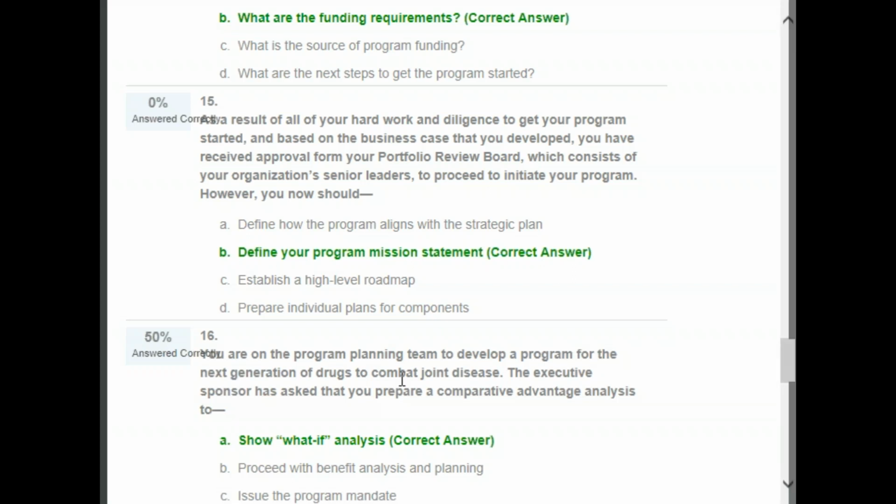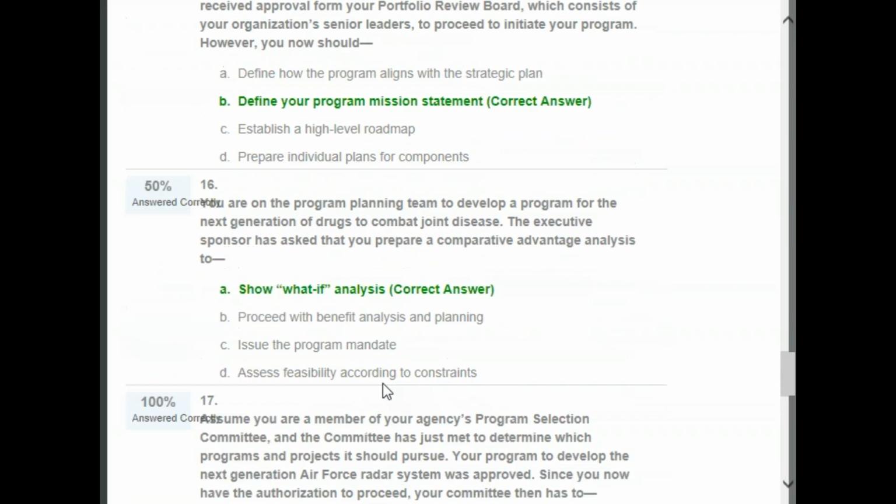Then we have question number 16. One of you is right. You are on the program planning team to develop a program for the next generation of drugs to combat joint disease. The executive sponsor has asked that you prepare comparative advantage analysis to show what if analysis is the correct answer.